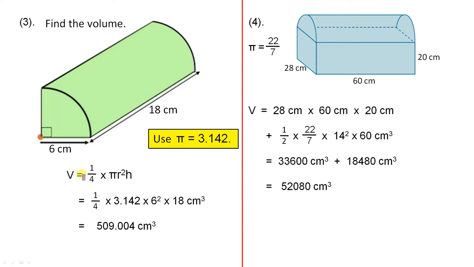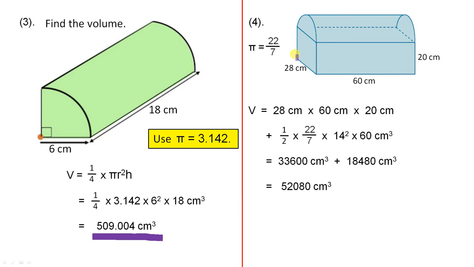So the volume will be a quarter of the volume of the full cylinder. So there's our quarter. There's the value of pi which we were given. R squared, because r is 6 centimeters, and that is the length or the height. When you calculate that amount there, that is the volume of that cylinder in cubic centimeters.